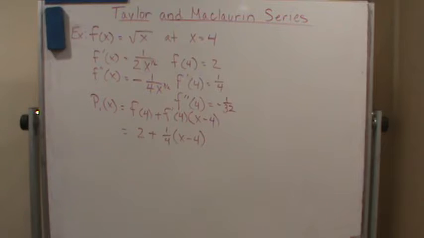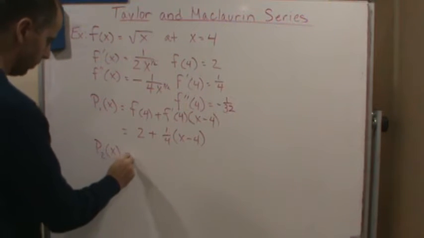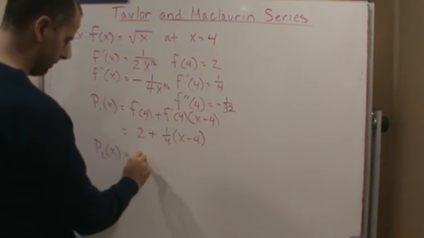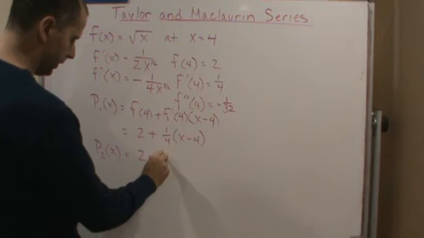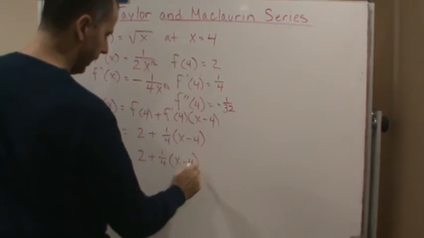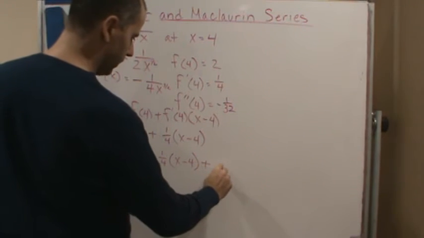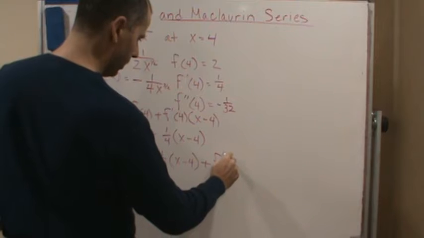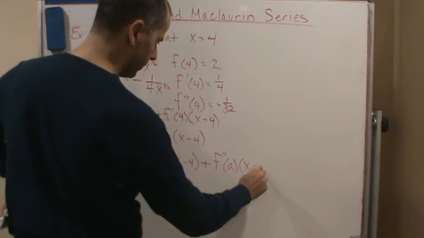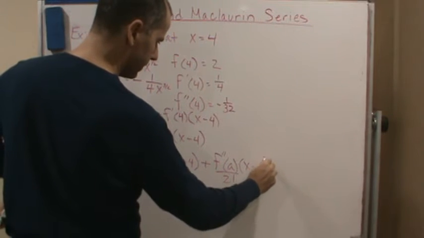Now what about P2 of x? Well, that's going to be the same thing as this, so I'm just going to repeat it: 2 plus 1/4 times x minus 4. The next term is plus f double prime of a divided by 2 factorial, times x minus a squared.